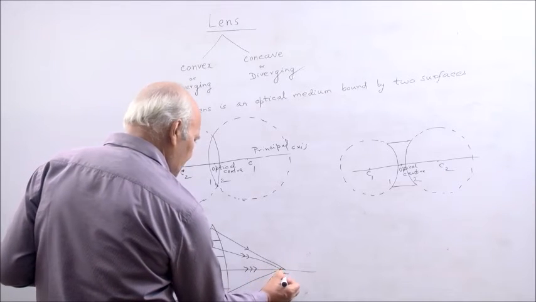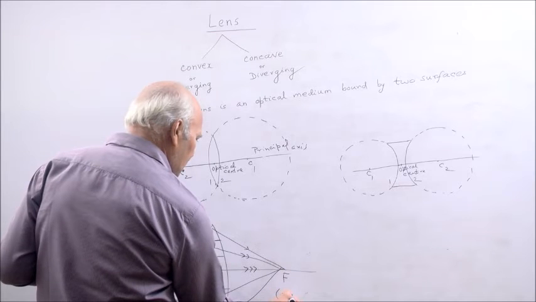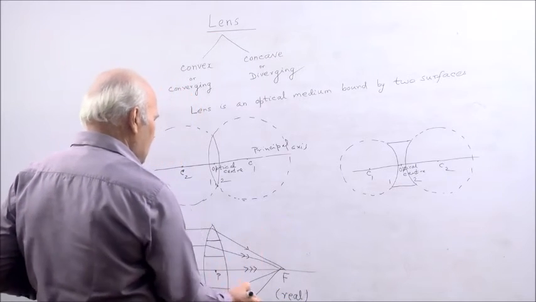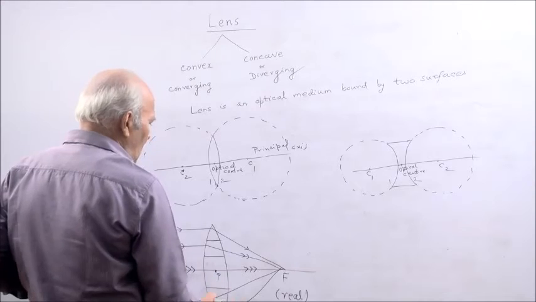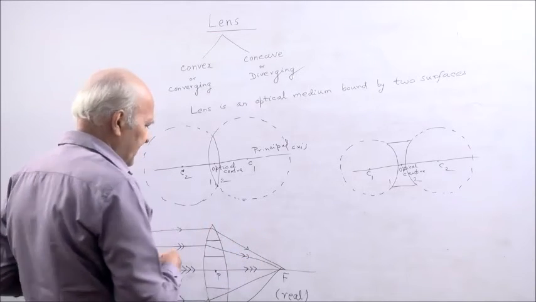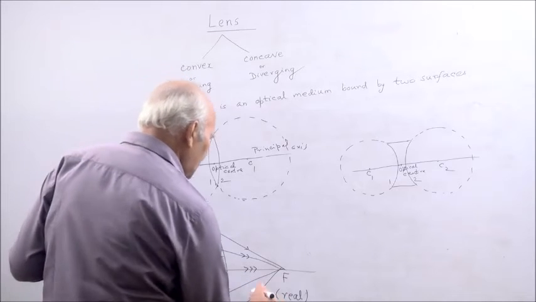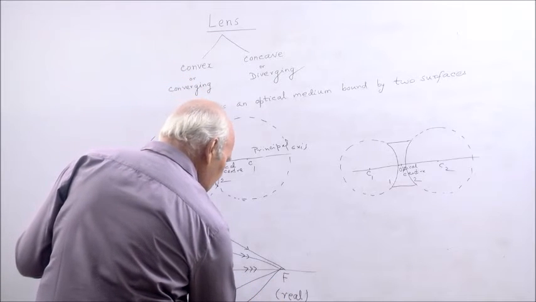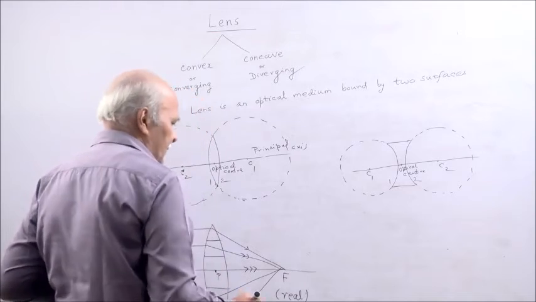So, this is your real focus. Real focus is this one where all of them meet, and there is concentration of light there, and naturally PF is your focal length.